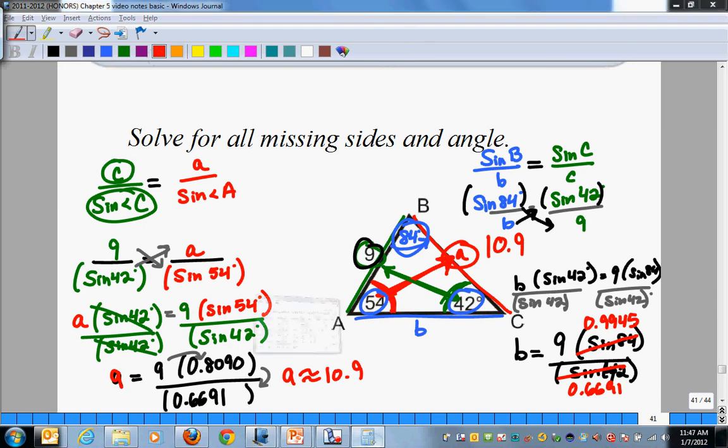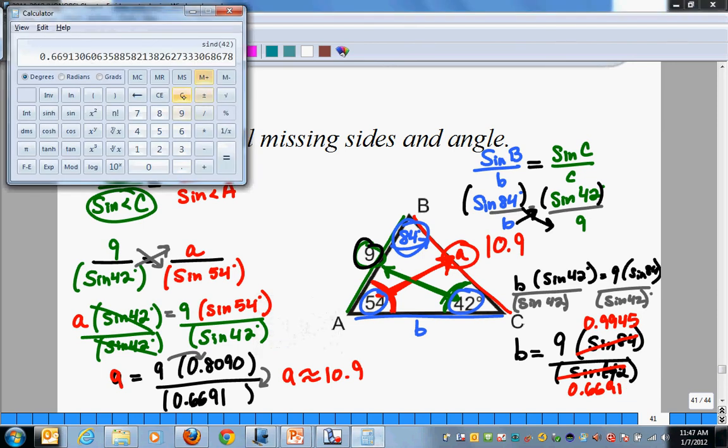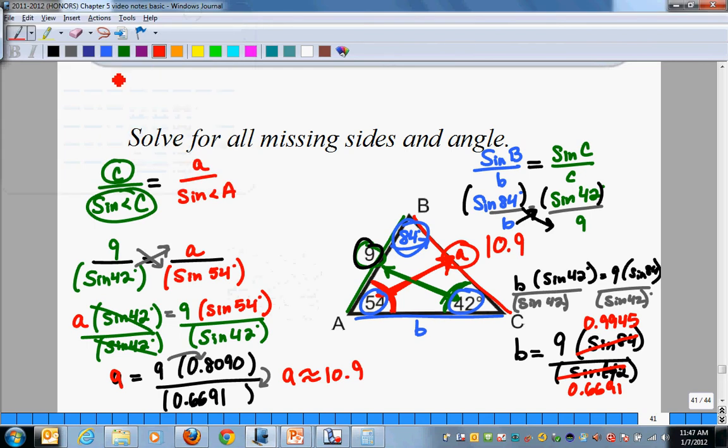So to solve for B, we're going to do 9 times 0.9945, and then divide by 0.6691, and we get 13.4. So B equals 13.4.